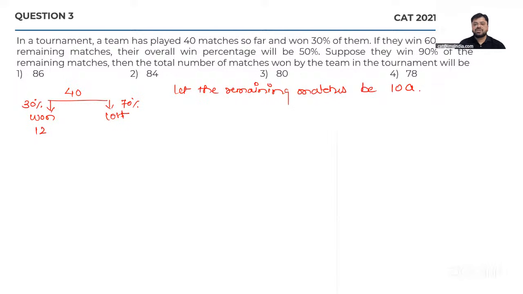Now, if I assume the remaining matches to be 10A, and as per the given information, if they win 60% of the remaining matches, which is 6A, and the remaining 40% they lost, which will be 4A, then the overall win percentage will be 50%.